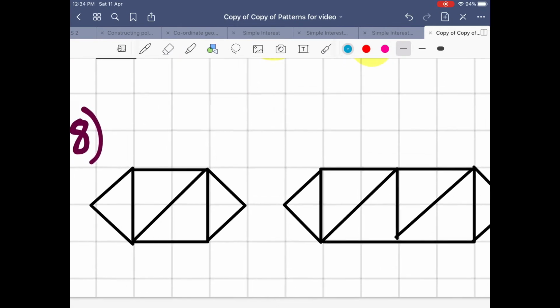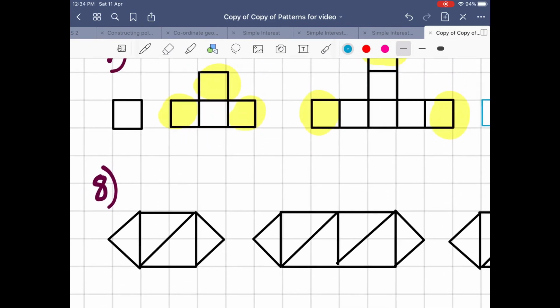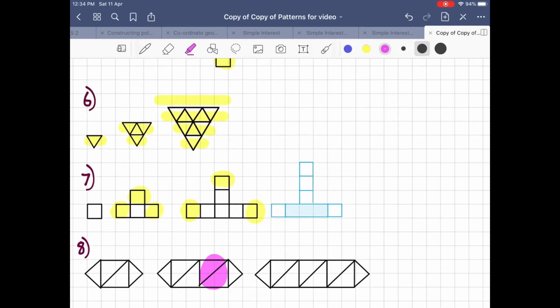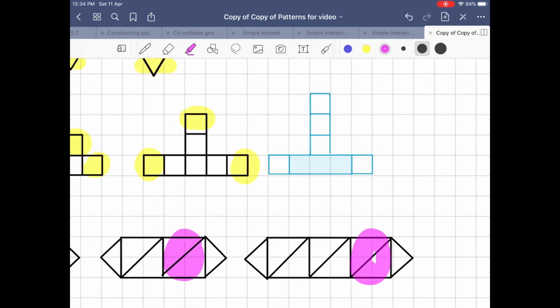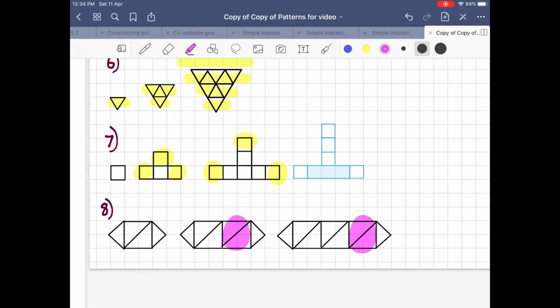So we are seeing that from the first shape to the second we have an extra box, 1 extra square. From the second to the third we have 1 extra square from the previous shape.